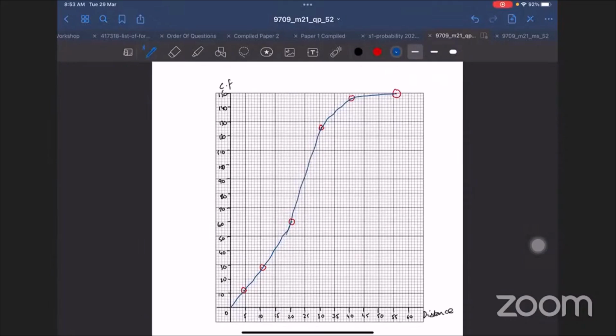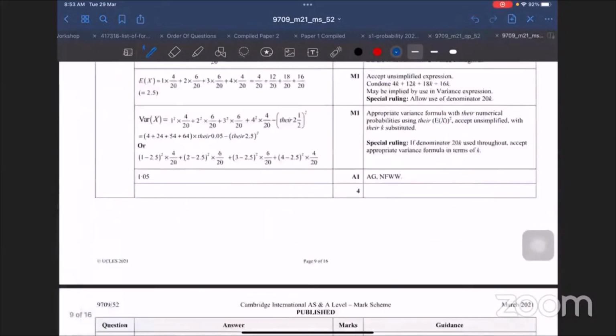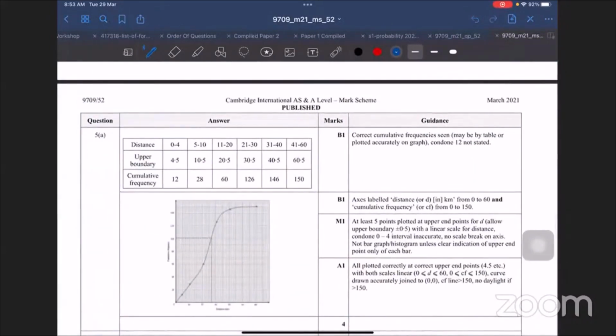This is as accurate as I think I can draw it. Okay, let's verify if we've done it correctly. Those are the points that need to be plotted. I think we've got them all correct. There's a slight wave here, so that means I'm drawing it correctly.